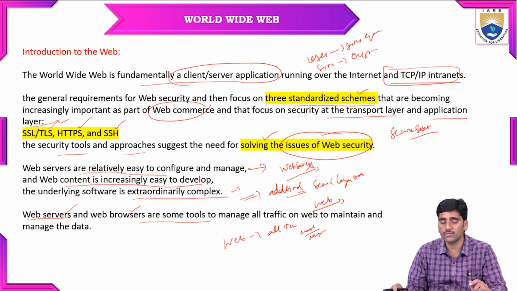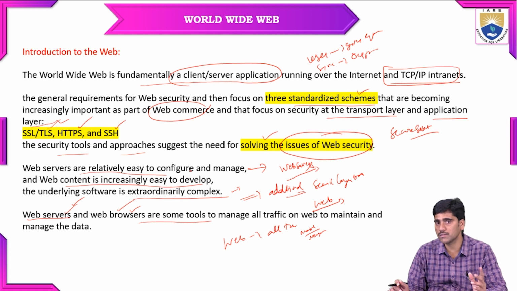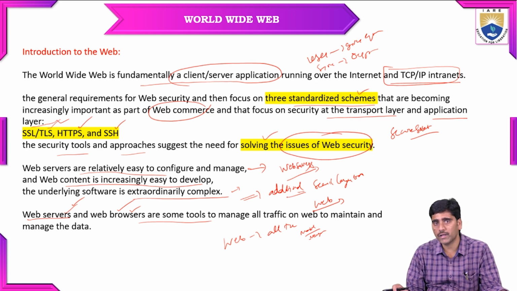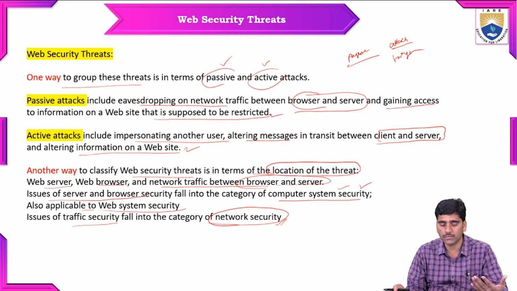For that we have to understand what is meant by web and how web data interacts with the user with the help of browsers and web servers, and how they maintain and manage the data. And the second one is how they provide security for the different types of threats.